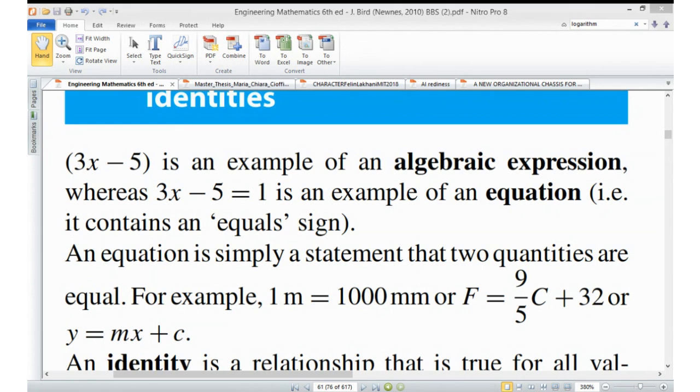So that is why we are not able to see it. But now these are called coefficients, and I'm sure most of us are aware of that. So 9 over 5 and 32 there will be referred to as coefficients.